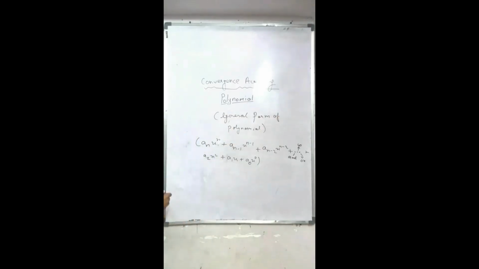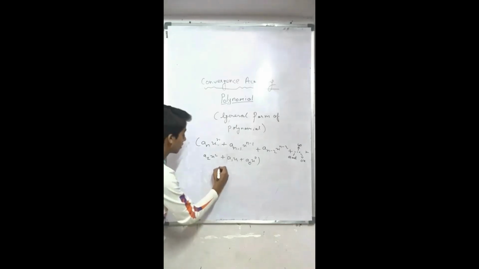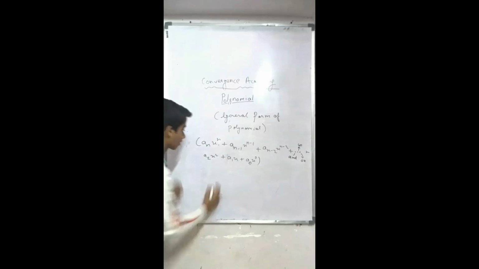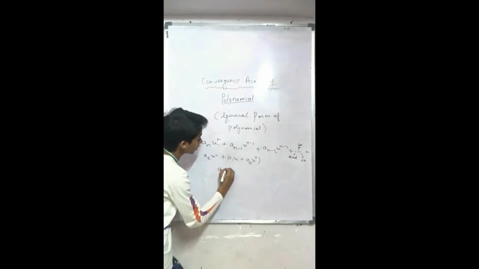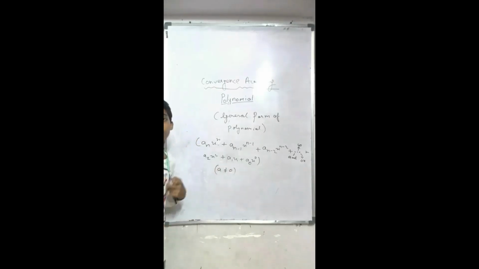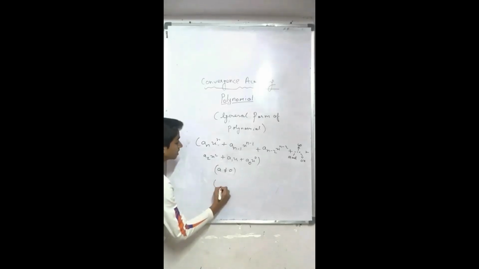Okay, so let us take an example. So first we will see the law, that a is not equal to 0. Why? Because if we apply this, then we will not get what we want. Okay, with an example we will see this.